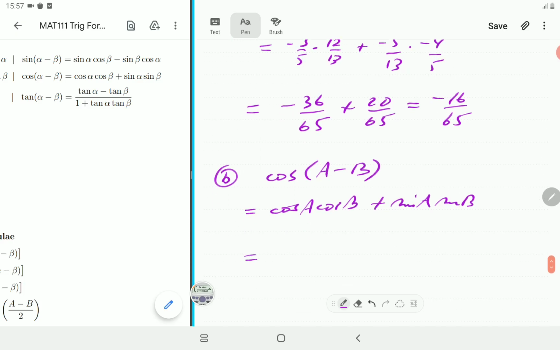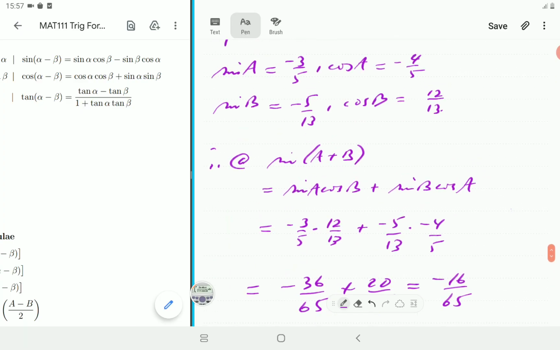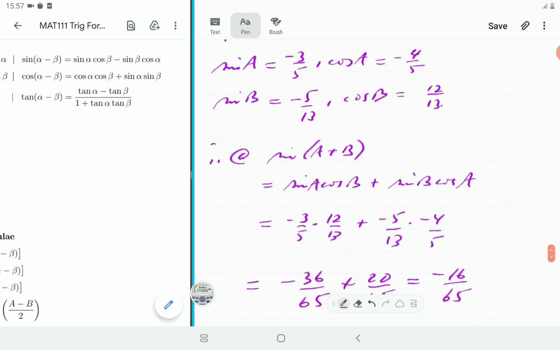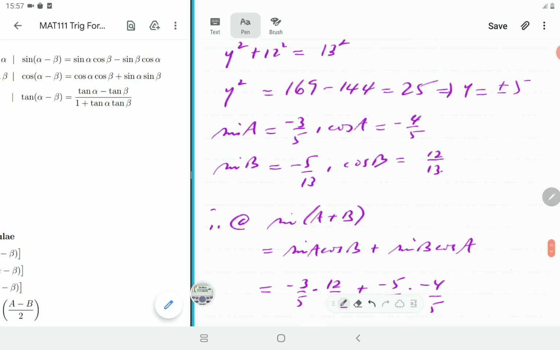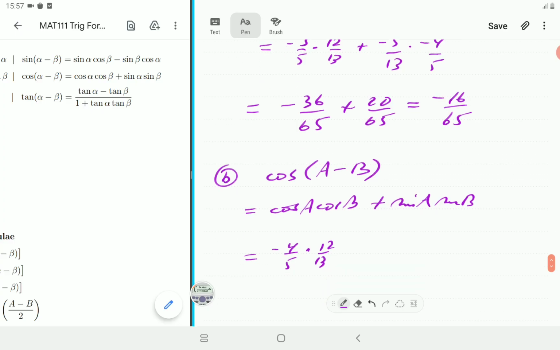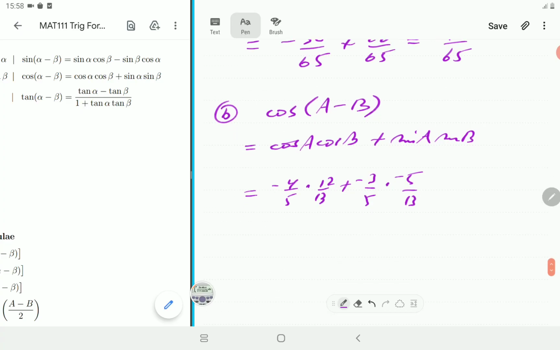Cosine A is negative 4 over 5. So we're going to have negative 4 over 5 times 12 over 13. And then negative 3 over 5 times negative 5 over 13.